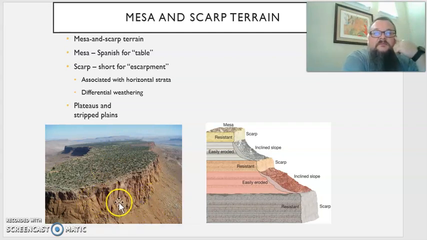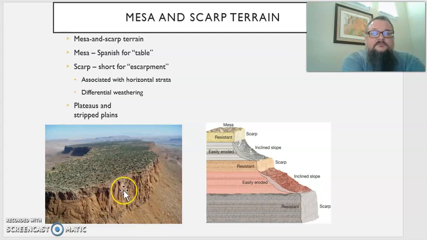And the reason that it has remained up when other things have eroded and weathered down is because of this cap rock, which is resistant to infiltration, weathering, and erosion. A lot of times when we look at mesas, they will have this flat, nearly vertical wall underneath that we refer to as the scarp or the escarpment. We talked about escarpments when we talked about plate tectonics.